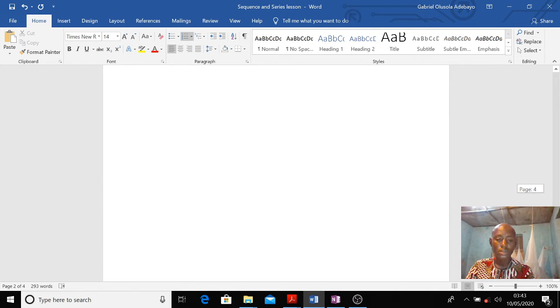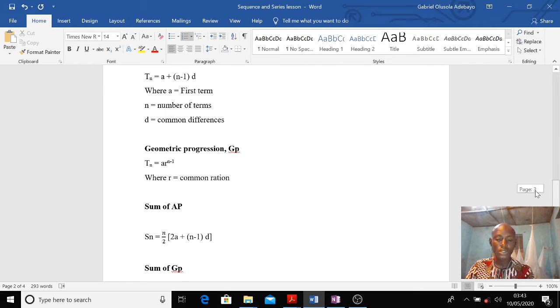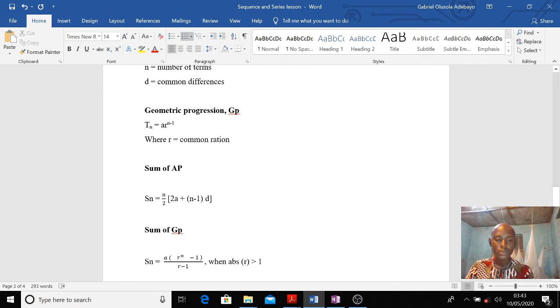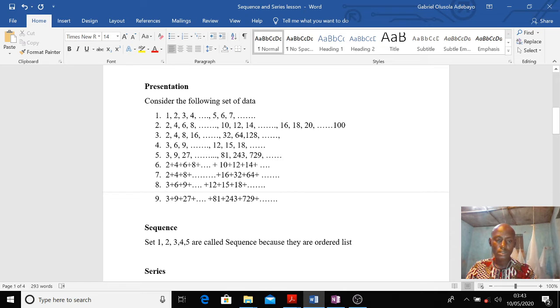Now, sum of arithmetic progression, sum of AP. We are using number 6.